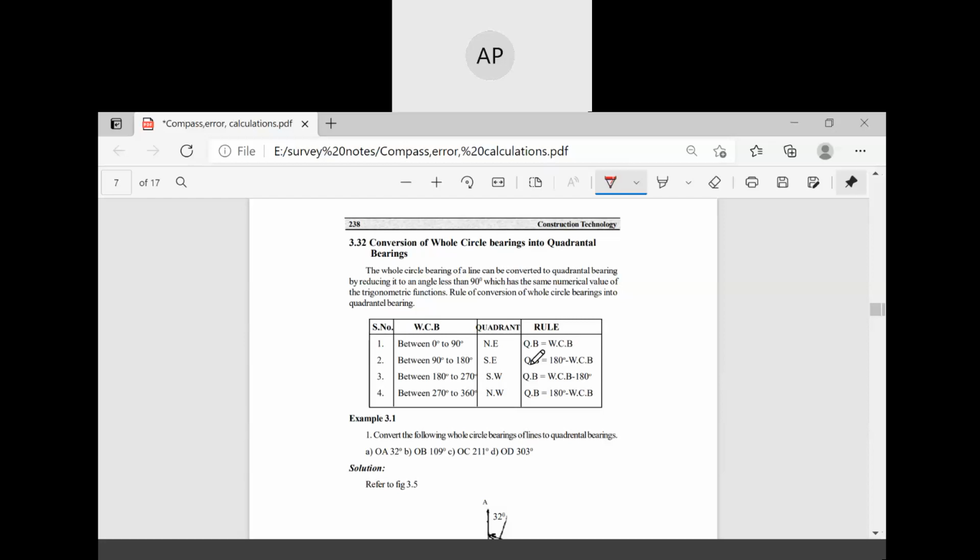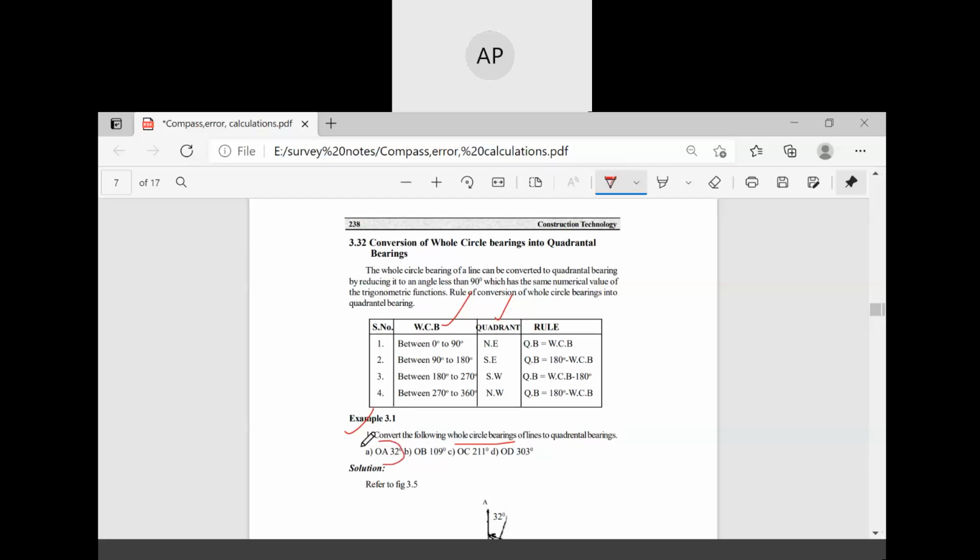Conversion of whole circle bearing into quadrantal bearing. The whole circle bearing of a line can be converted into the quadrantal bearing system. For example, convert the following whole circle bearings of lines to quadrantal bearings.